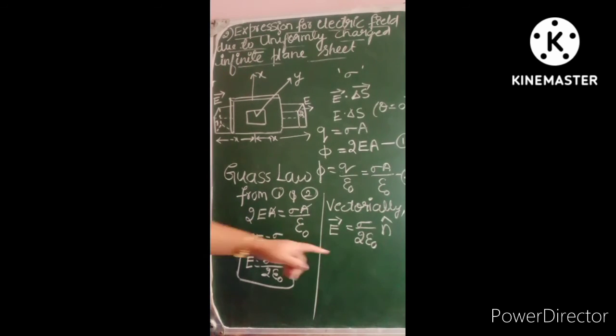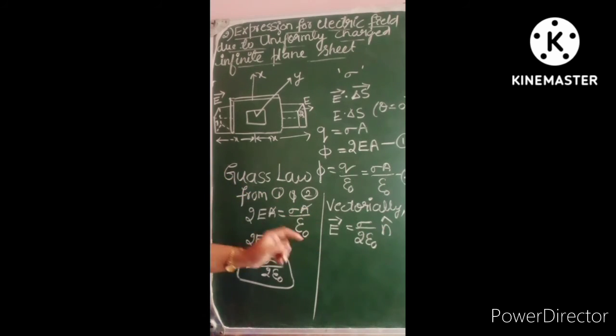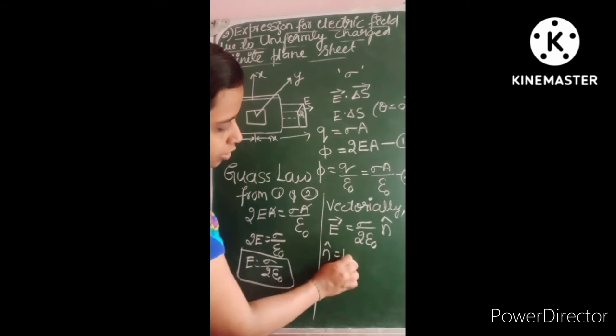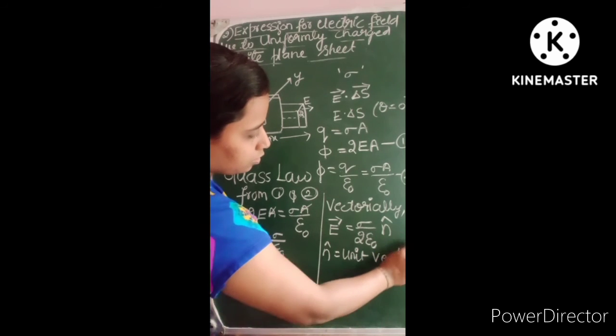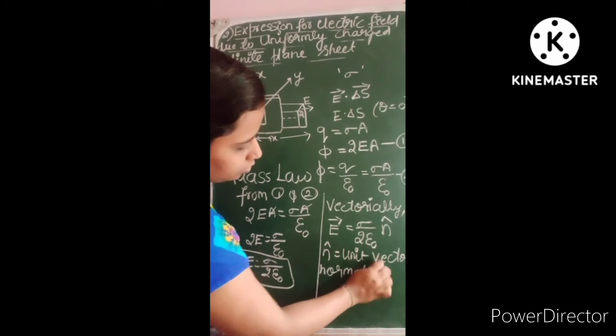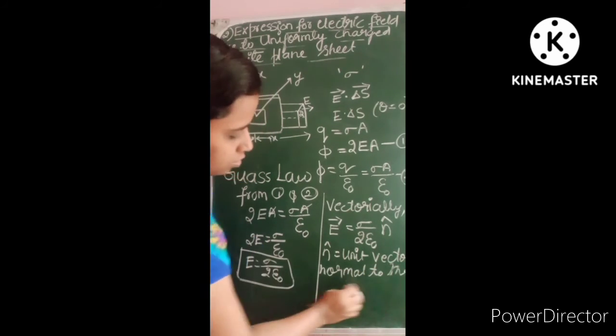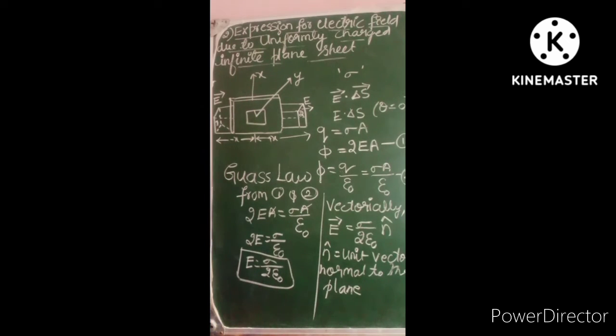Okay, where this n cap is nothing but the unit vector normal to the plane. Okay, this is the second application of Gauss law for the infinite plane sheet. Is it clear?